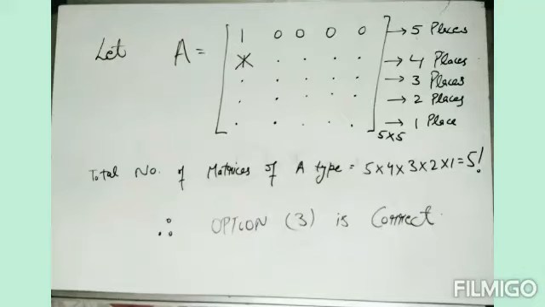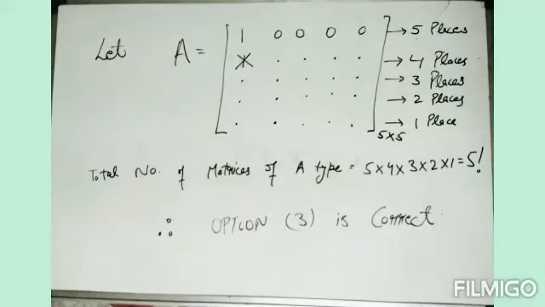The first entry I have taken is 1. You can also take 0, but I have taken 1 here, and all the other entries are 0. Hence the row sum is 1. Now I can put 1 in the second place also, in the third place also, in the fourth place also, and in the fifth place also in the first row.